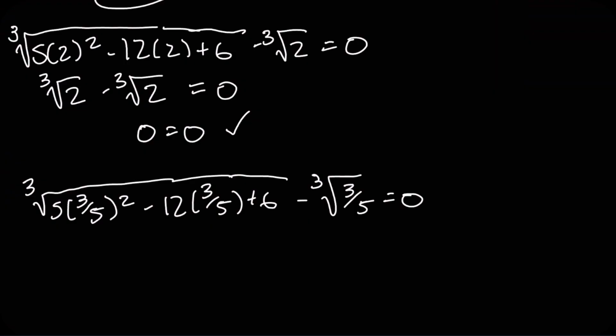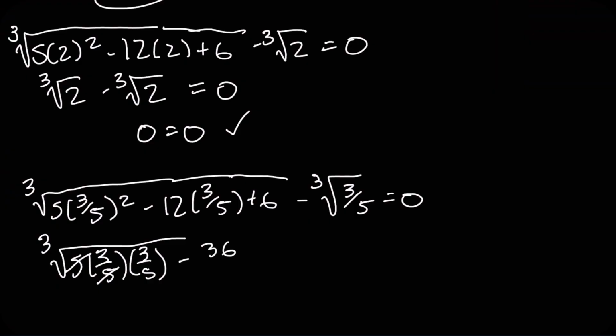So let's see what this gives us. We will have the cubed root of, and then 5 times 3/5, so the 5 will cancel out, minus 36 divided by 5, and then we'll go ahead and add the 6. This is equal to 0.